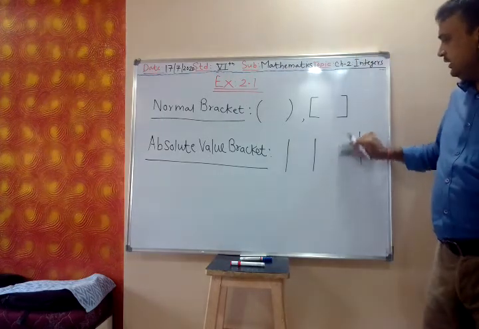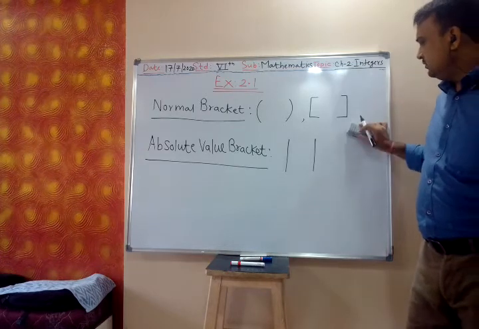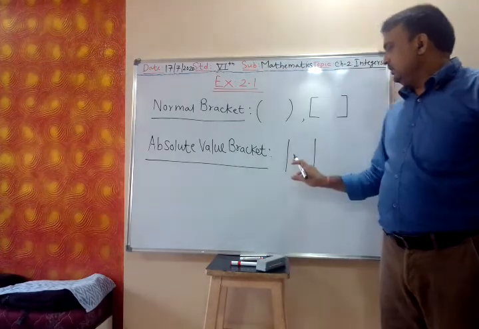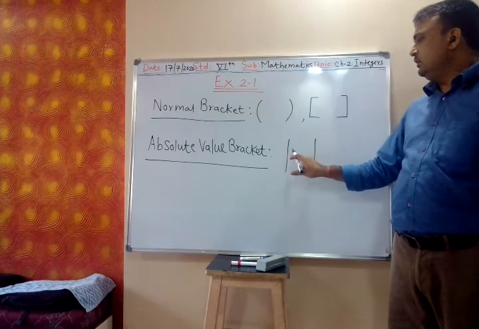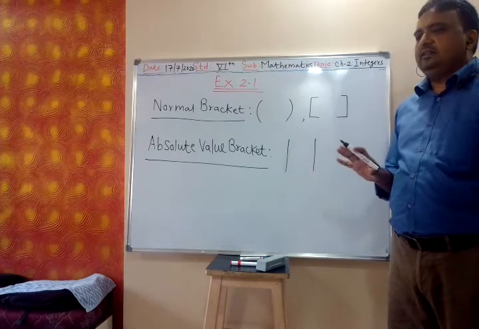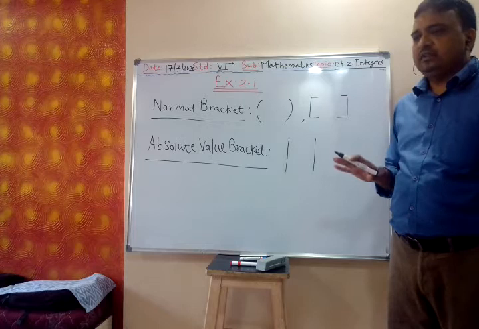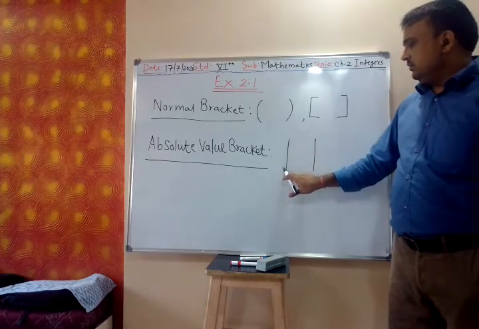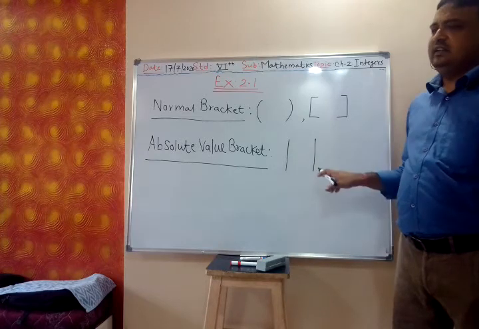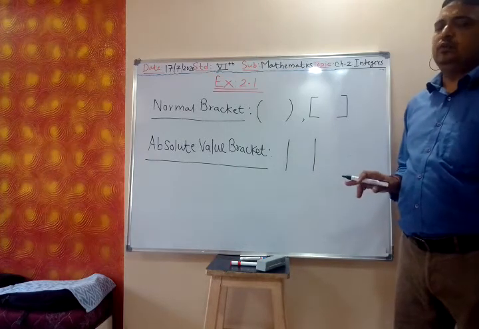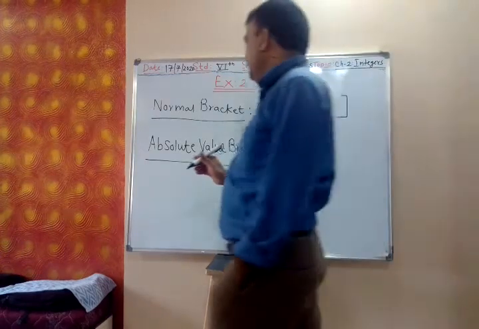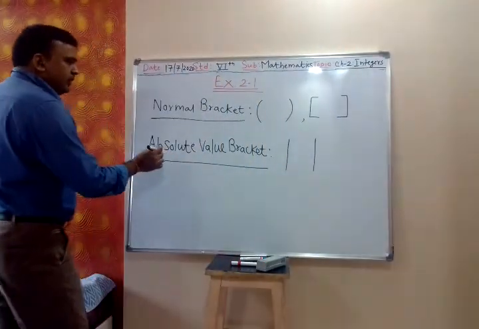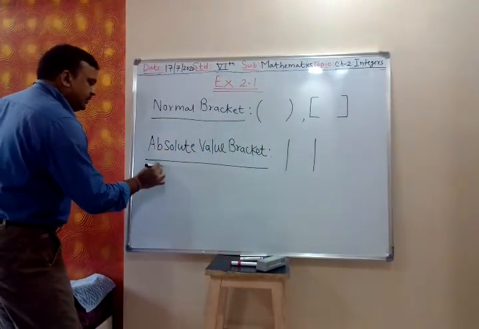Writing the number between two vertical lines. When we write two vertical lines, it is known as absolute value bracket. Write this: absolute value bracket, or we write modulus bracket.